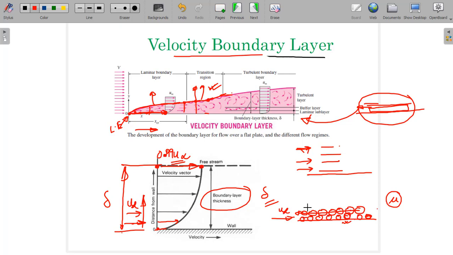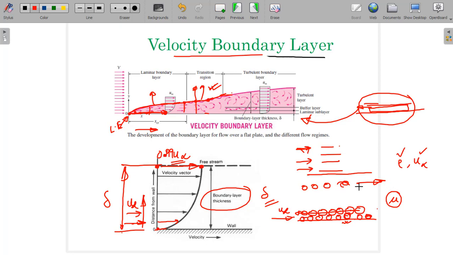On the other hand, the fluid above it will try to sustain its momentum because of its inertia. Inertia, as you know, is mass into acceleration, so it is directly related to the density and u infinity. If density is high, inertia will be high. If u infinity is high, inertia will be high.